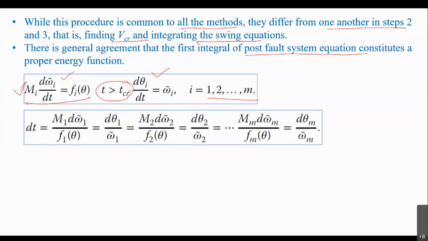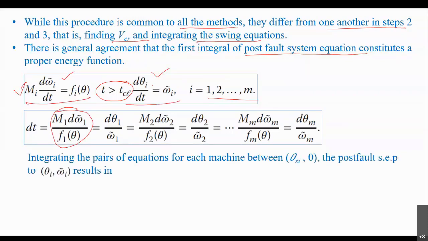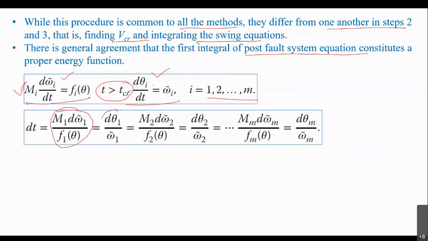From this equation dt will be d theta_1 by omega_1 tilde for the first machine. Similarly for the second machine, and gradually for the m-th machine, we find these values.